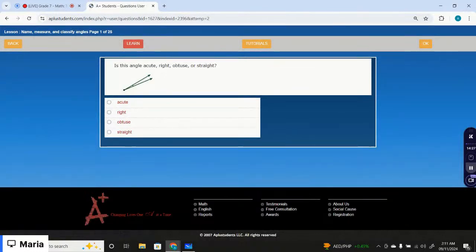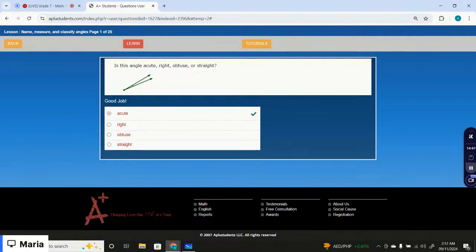Is this angle acute, right, obtuse or straight? That is an acute angle, right? That is less than 90 degrees, so that is an acute angle.